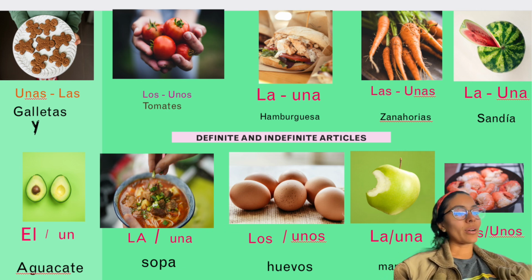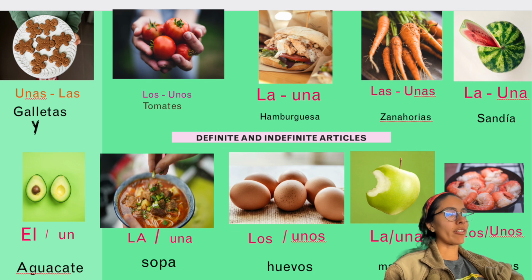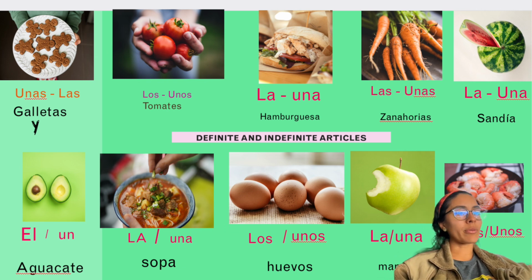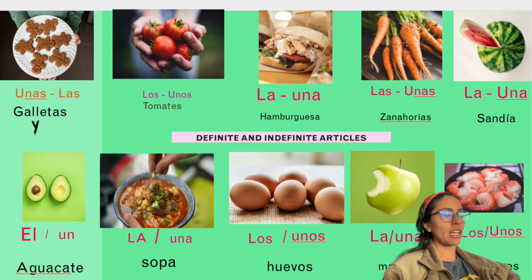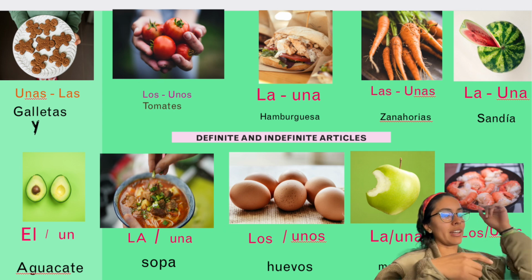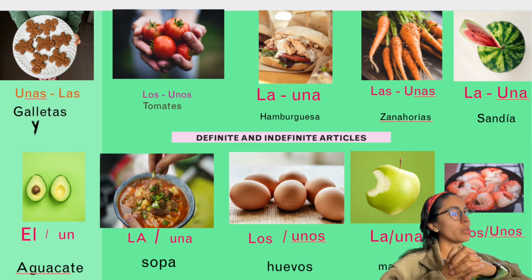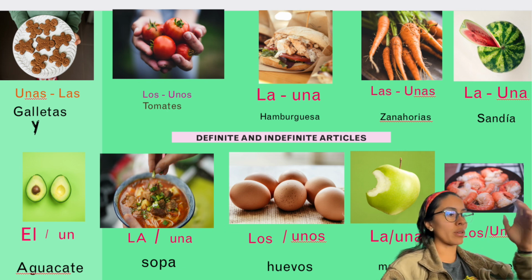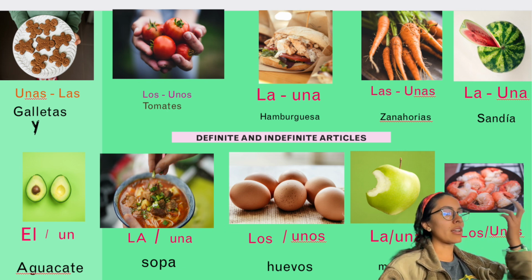Okay. So, how much time do we have? We have plenty of time for everyone to go through the pronunciation and do the same round again. In the same order we've been doing, you're going to go through each of them. You're going to say unas galletas, las galletas, los tomates, unos tomates, la hamburguesa, una hamburguesa, and so on.